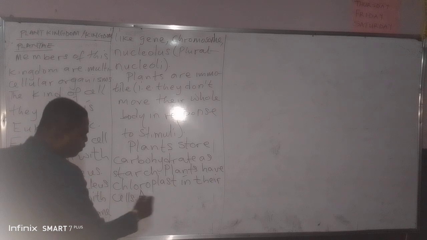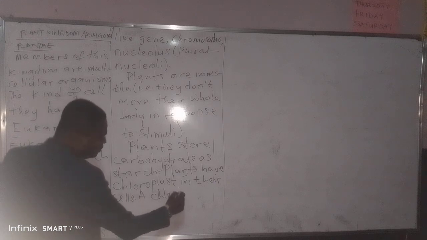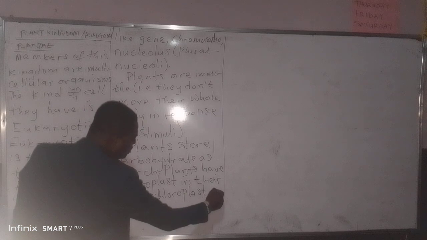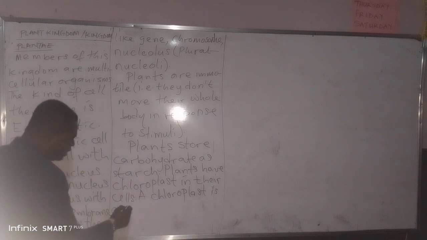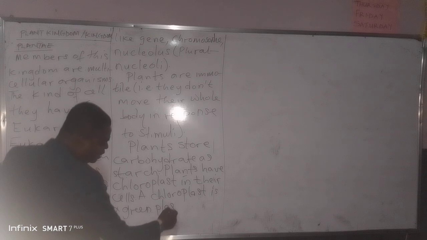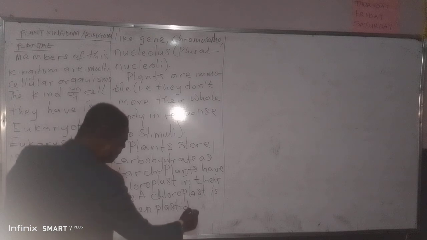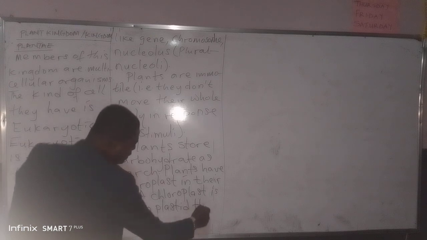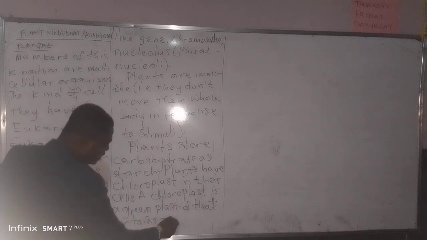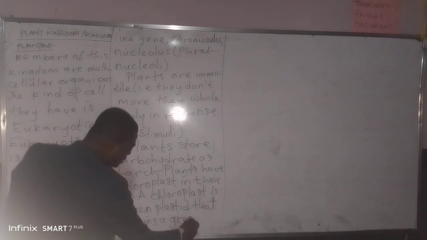So a chloroplast is a green plastid, a green plastid that contains a green pigment.